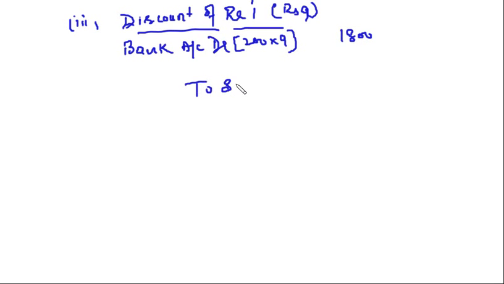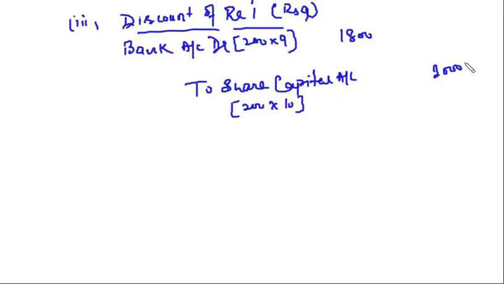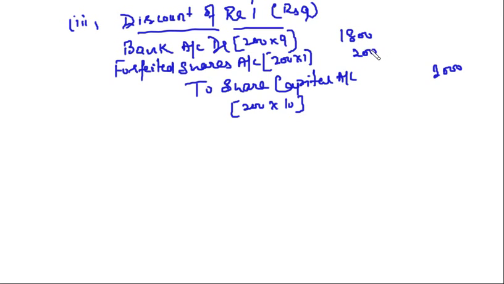And to share capital is the face value of the share, that is 10 rupees, 2000. Now this discount of rupee 1 will be compensated from forfeited shares account. Right? So on 200 shares, 1 rupee is the discount, 200 rupees will be debited to forfeited shares account.